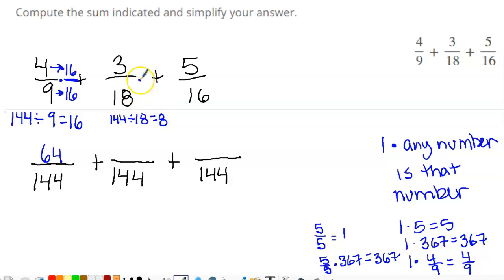So to turn my 18 into 144, I multiply it by 8. I then have to multiply that top by 8 because this is a 1 that looks like 8 divided by 8. So 3 times 8 is 24. 18 times 8 is 144.